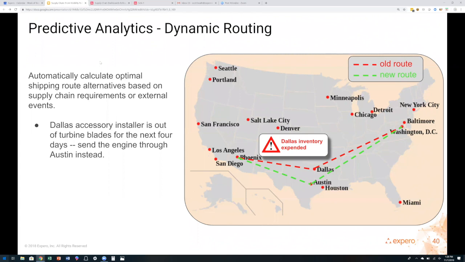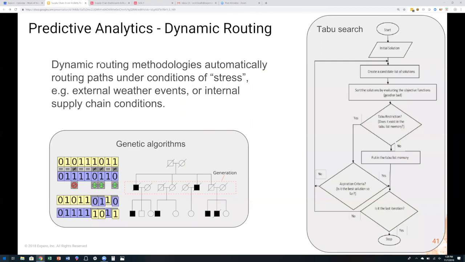This could be an effect, by the way, of an external weather event, let's say, or it could be, as we're showing on this slide, an internal event like inventory depletion. There are a couple other algorithms here that we can use in tandem with the reinforcement learning operations. These can be used in parallel, like I just showed a few slides ago, where we use multiple systems interacting simultaneously, or they can operate sort of in serial, where we have the reinforcement learning agent actually learn from the traditional techniques.